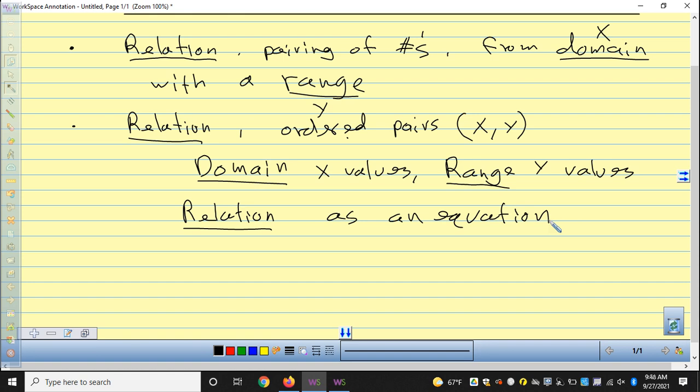So our relation is a pairing from the domain to the range. A relation is represented as ordered pairs, x and y. The domain is the x values, the range is the y values. And we can represent the relation as an equation.